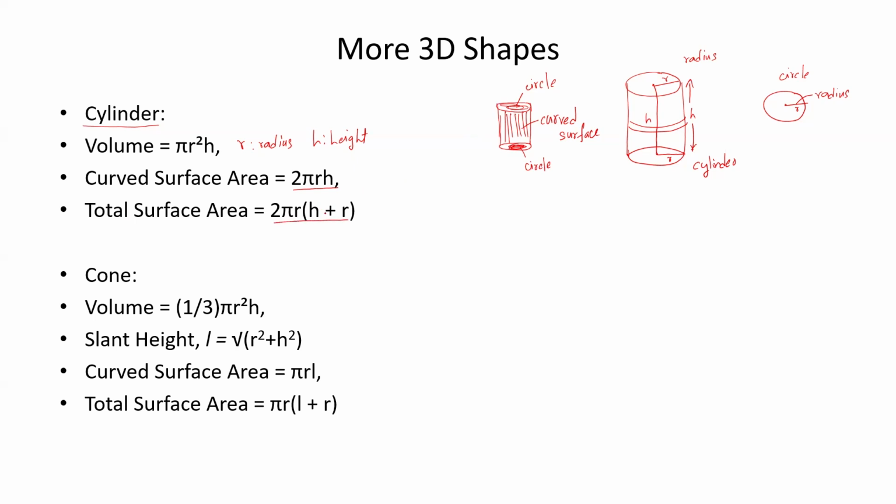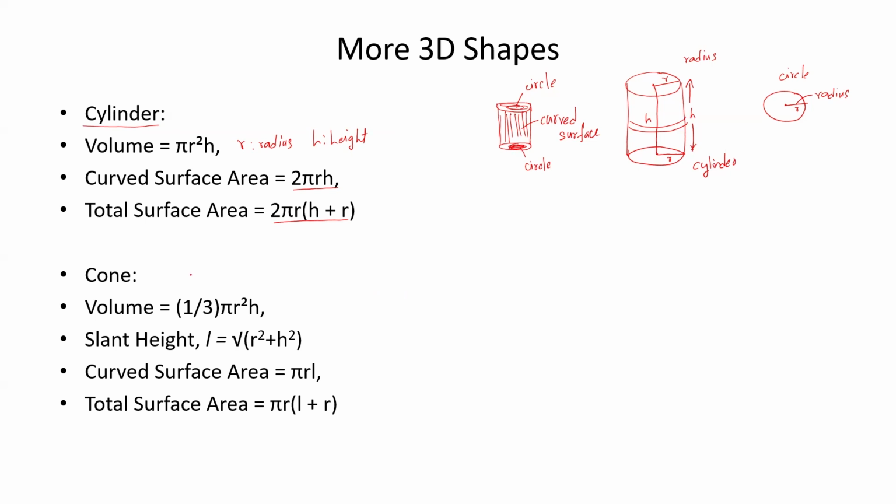There is no other way. And you should know what is meant by what. What is meant by curved surface area? What is meant by total surface area? Surface area means the surface or the paper you will use to make that shape. Got it? That is the surface area. So how much paper or cardboard you need to make that particular surface.